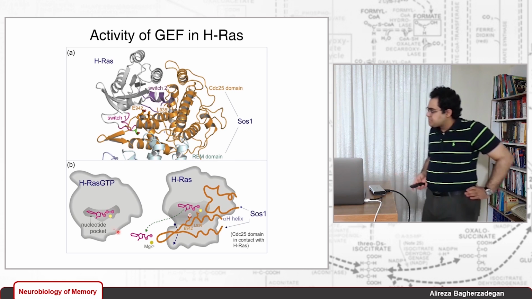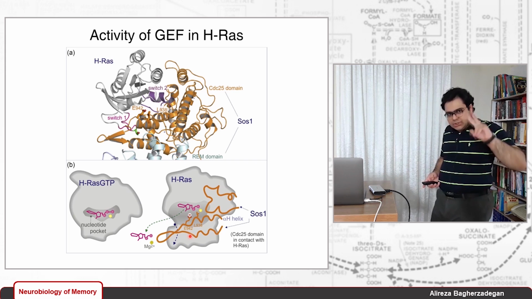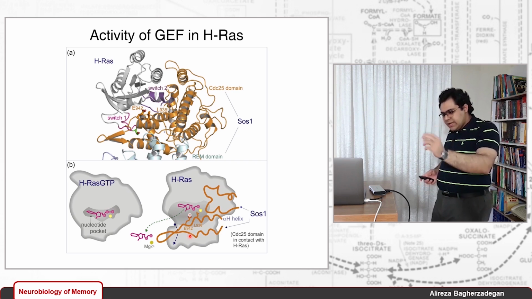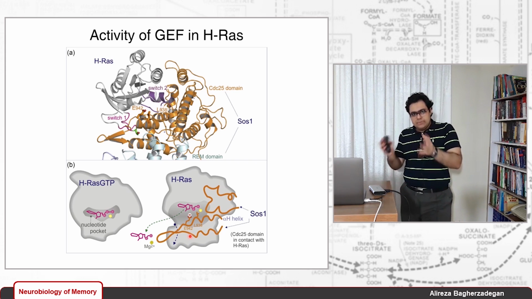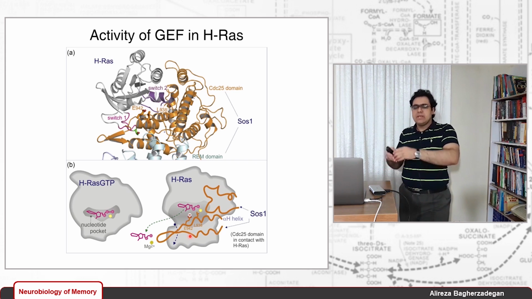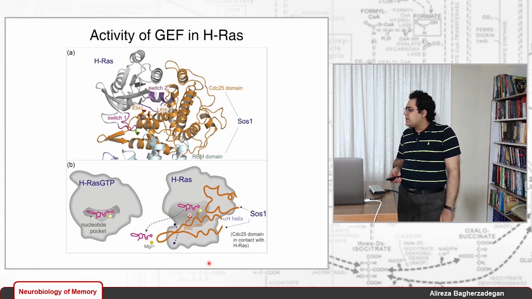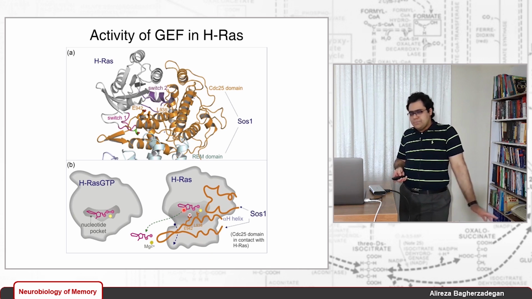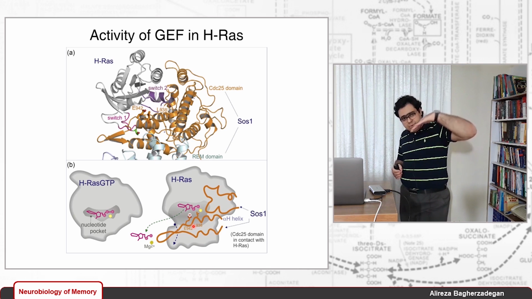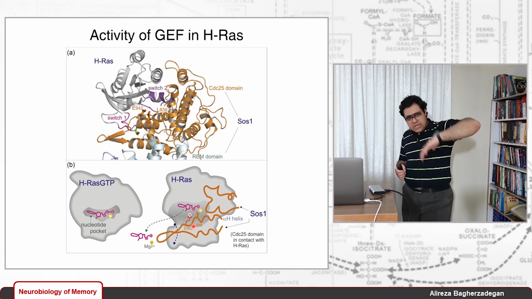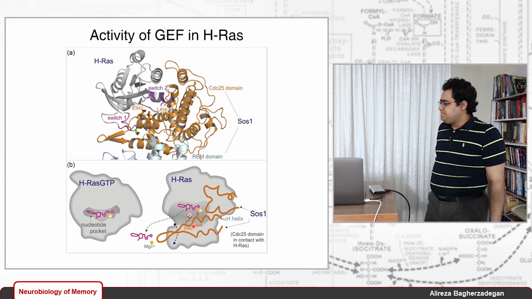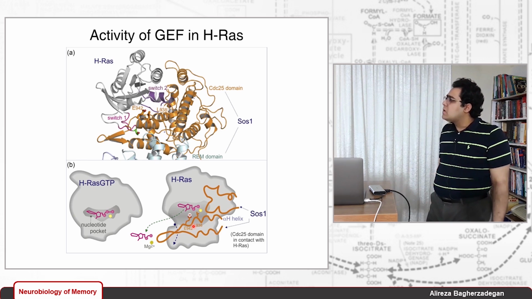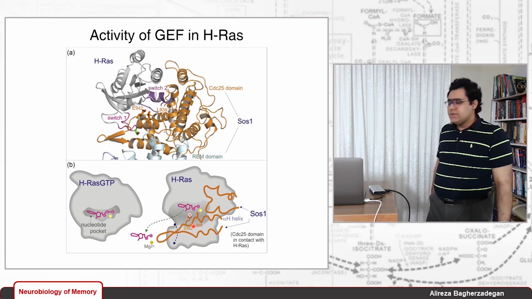It inserts 2 amino acid residues. They disturb the electrostatic coordination of a magnesium ion. One of them is a glutamic acid, which repels the alpha phosphate of the GDP, and it also inserts an alpha H helix into the binding pocket. It pushes the switch 1 so that the binding pocket is now open and the GDP can escape. This is the activity of GEF.